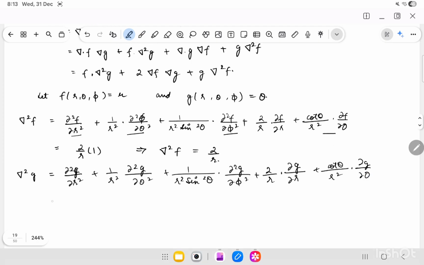Now if I plug in value of theta here, this term reduces to 0, this again reduces to 0. We'll be left with only the last term, that is cot theta divided by r square times 1, which is equal to cot theta divided by r square.